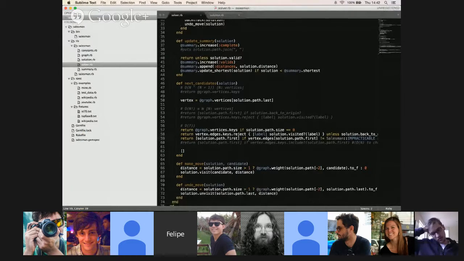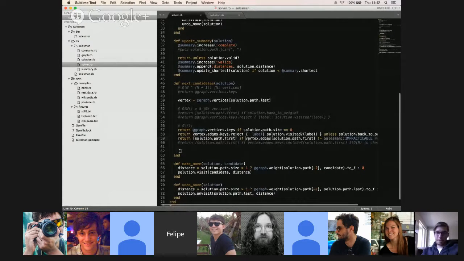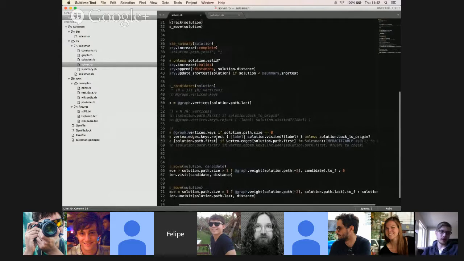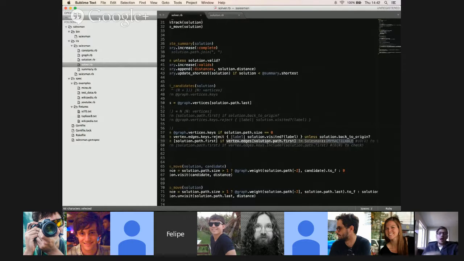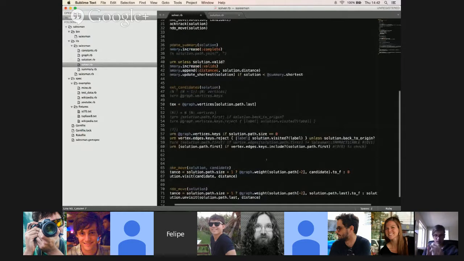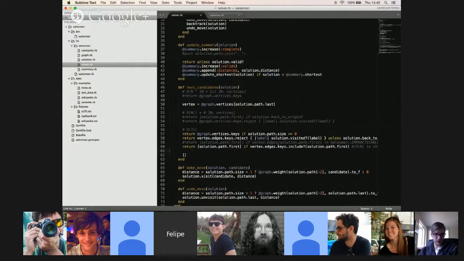some small changes made a huge difference. In this line, we check if the current vertex connects to some places. I do that using a hash table because it's a little faster. We could also do that using the include method to show that the label that I'm looking for is present in the edges.